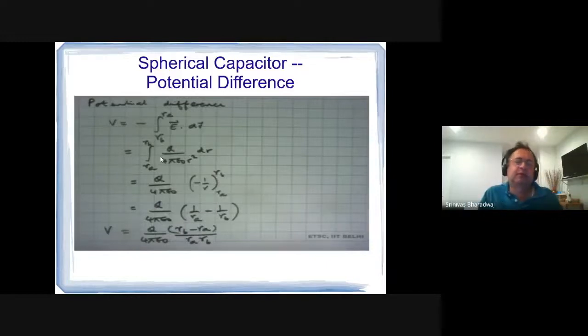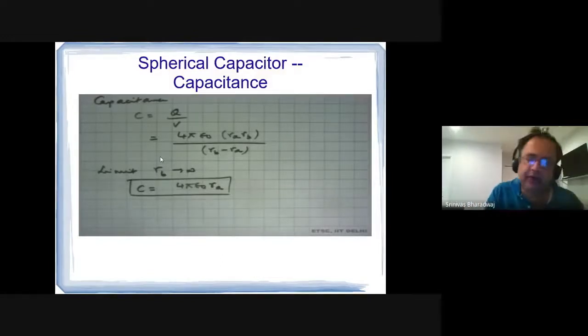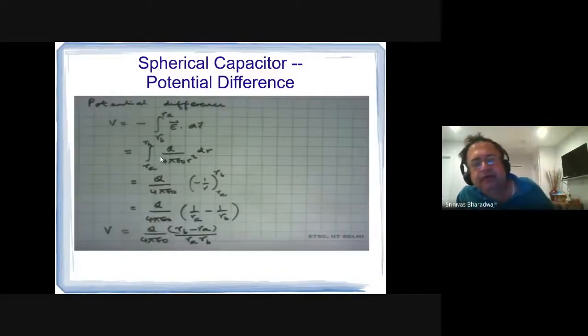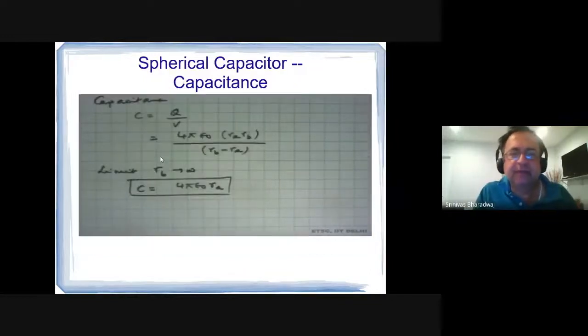Therefore, 4 pi epsilon naught RA RB by (RB minus RA) will be the capacitance, right? Everything else in the Q is equal to CV form will give you capacitance. Or you reduce it to the form Q by V, right? If you had this equation, reduce it to the form Q by V, everything on the left hand side will give you C. All right.